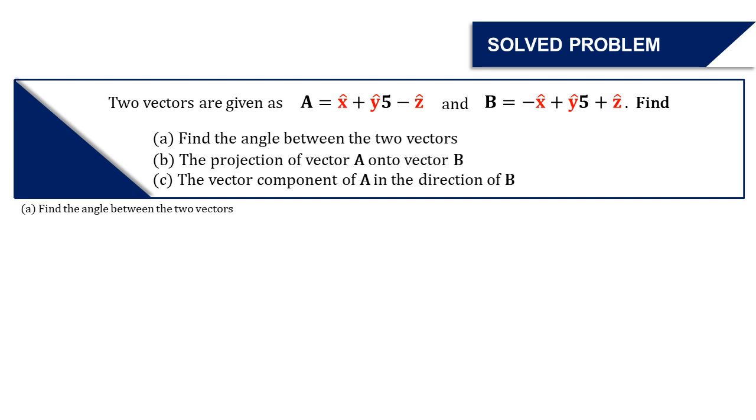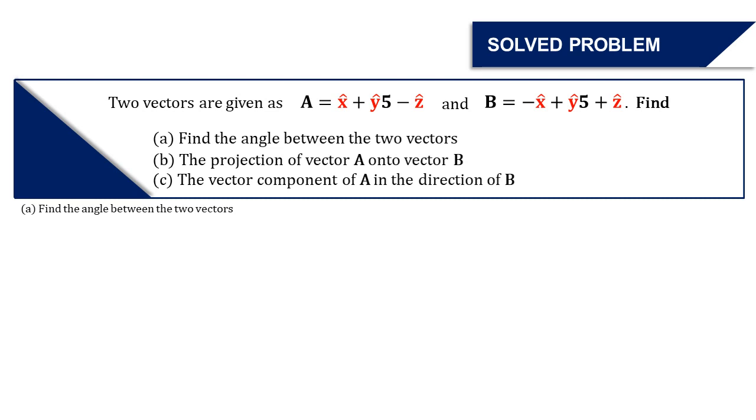So yan yung dalawa nating vectors. Now we are going to find first the angle between these two vectors, and the projection of vector A onto vector B. Then C, the vector component of A in the direction of B. So yan tatlo yung sasagutan natin.